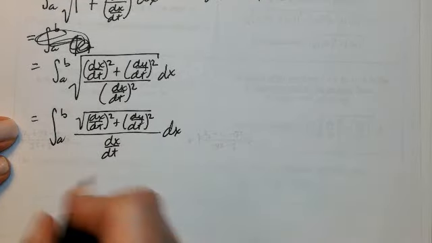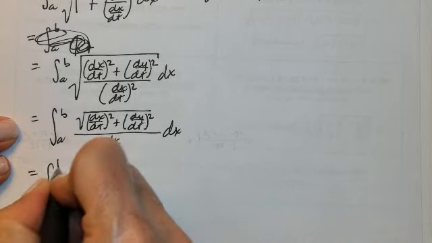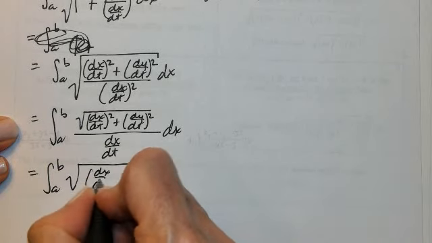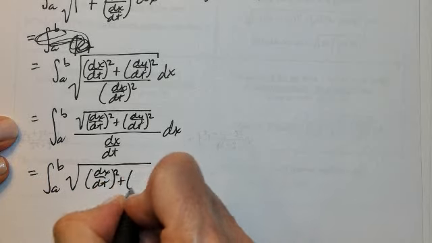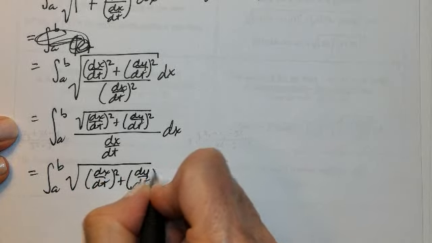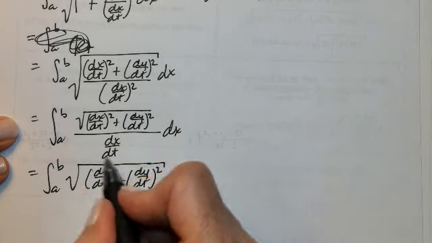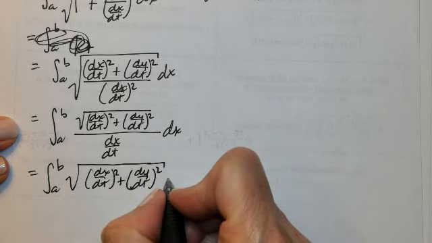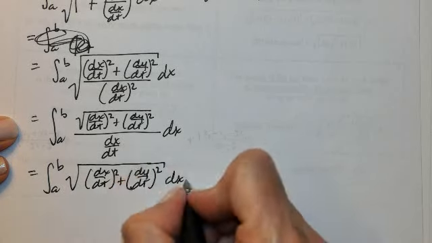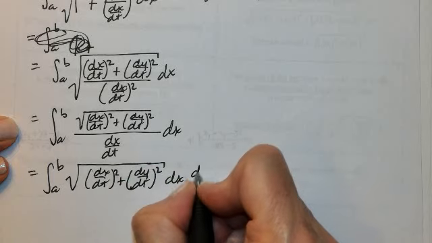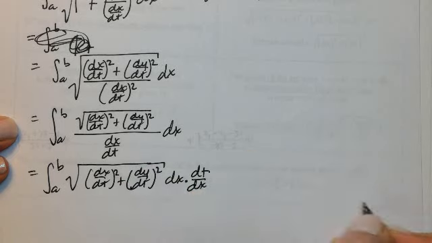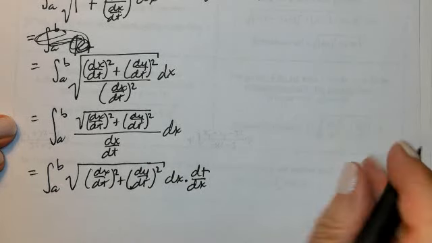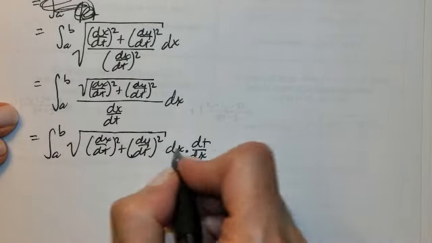All right. Now I have this. I have that radical still. I'm dividing by dx/dt, which is the same thing as multiplying by dt/dx. Look at that. What happens to the dx's?